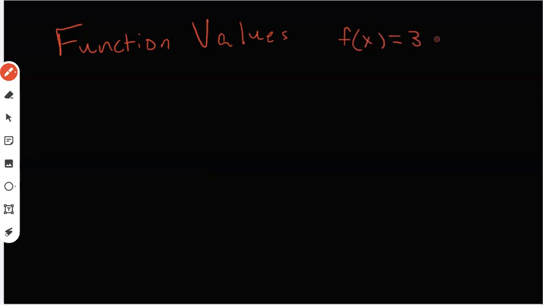Okay. So let's do function values. This will be just a little review. Now for function values, it's going to give you 4 different functions. It gives you f of x equals 3x minus 4. When you graph that, you're going to get a line. It gives you g of x is 2x squared plus 5.